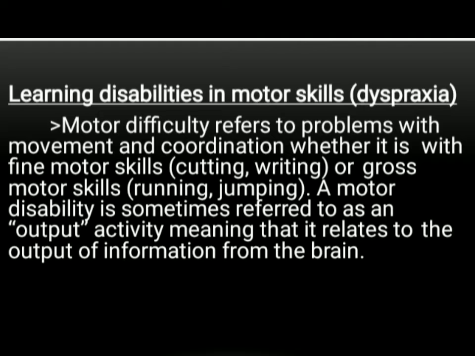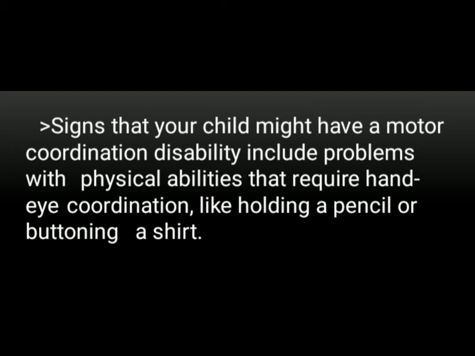A motor disability is sometimes referred to as an output activity. It means that it relates to the output of information from the brain. Remember, the signs that your child might have a motor coordination disability include problems with physical abilities that require hand-eye coordination, like holding a pencil or buttoning a shirt.